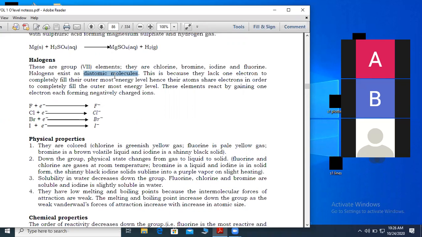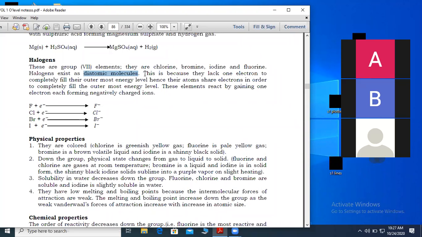So its electronic configuration is 2, 8, 7, meaning chlorine is only lacking one electron to become stable, or to have 8 electrons in the outermost energy level.